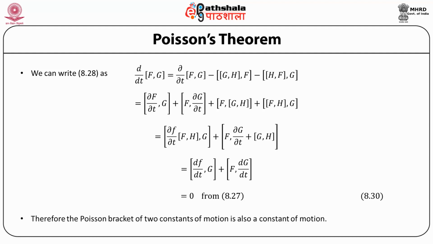Therefore, the Poisson bracket of two constants of motion is also a constant of motion.